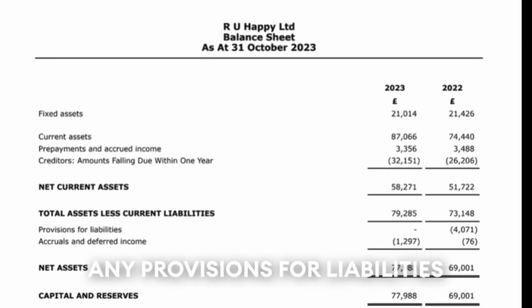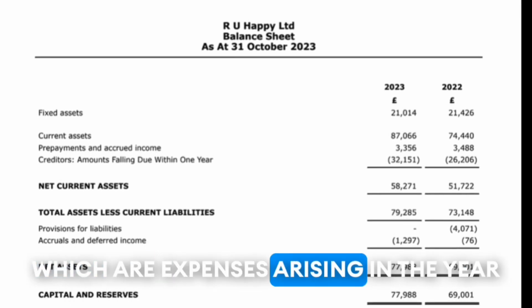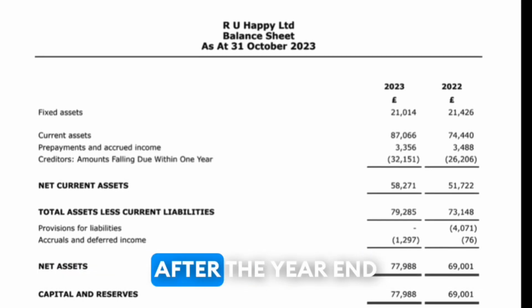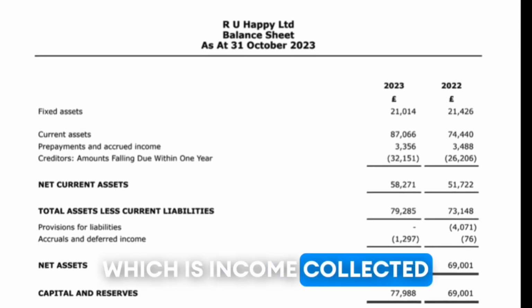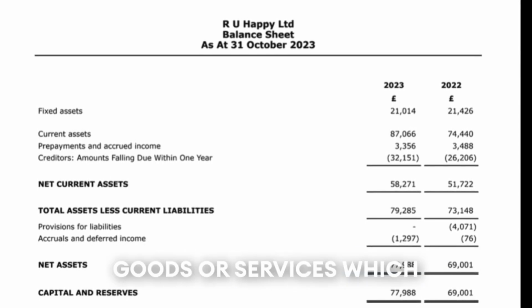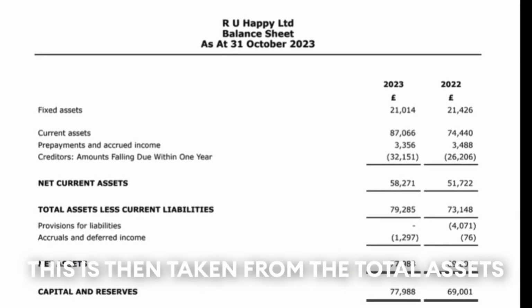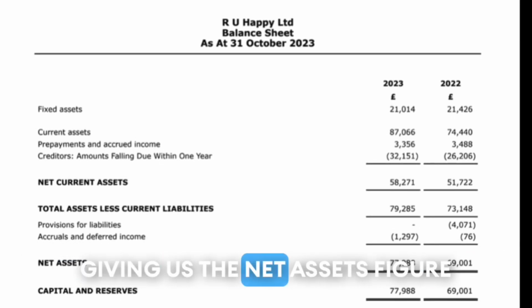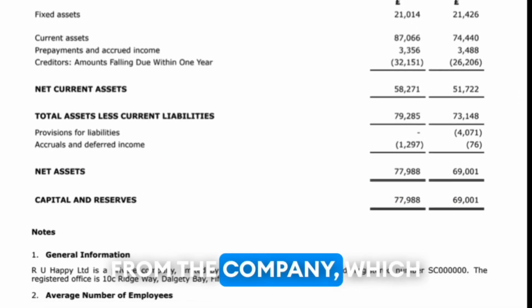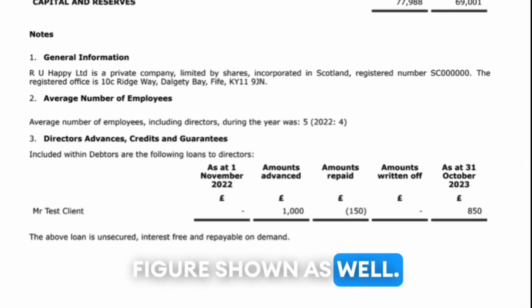Any provisions for liabilities are shown, along with accruals, which are expenses arising in the year that were only paid for after the year end, and deferred income, which is income collected within the year for goods or services which haven't yet been provided. This is then taken from the total assets less current liabilities figure, giving us the net assets figure for the company, which balances with the capital and reserves figure shown as well.